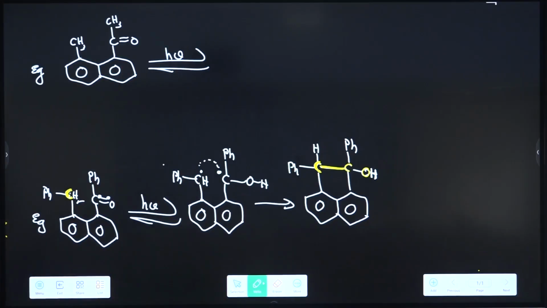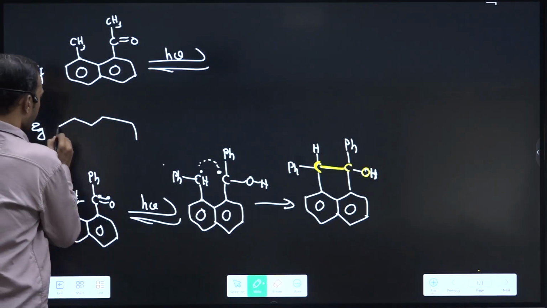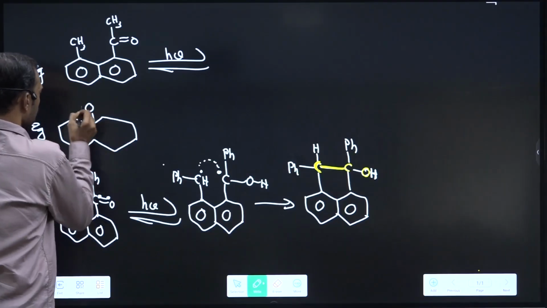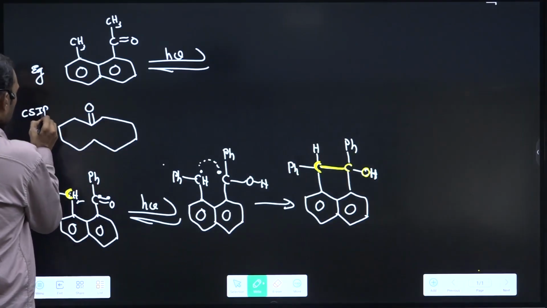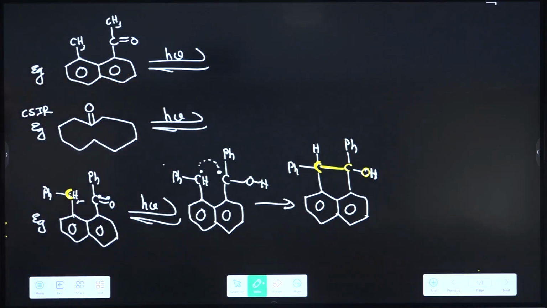Same, this and that same. So this is given in CSIR. I will show this question in photochemistry previous year questions. This is given in CSIR for 2 marks.